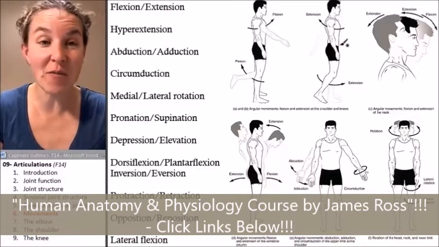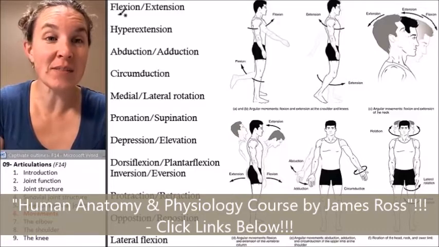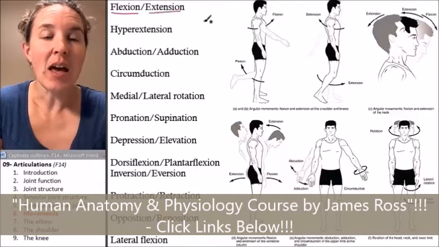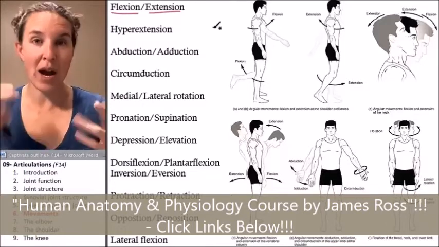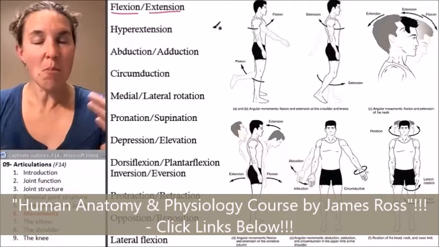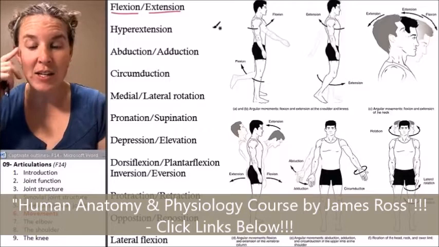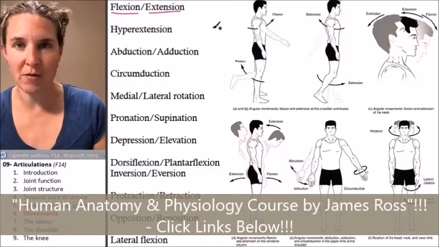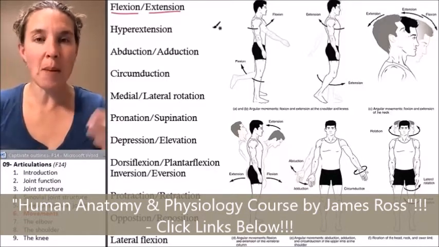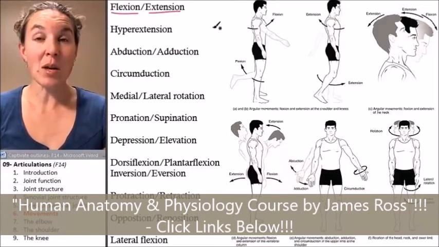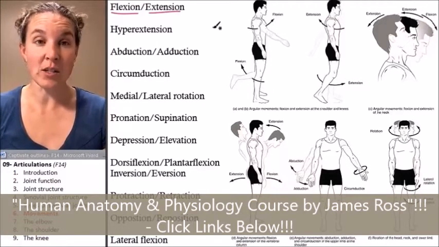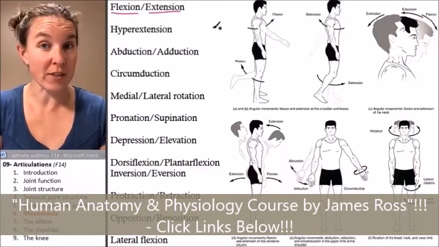Our first set of movements: flexion and extension. Most of our movements are described in pairs. Unless we're told something different, we imagine a body in standard anatomical position, and then we imagine a muscle acting on a joint to cause flexion.